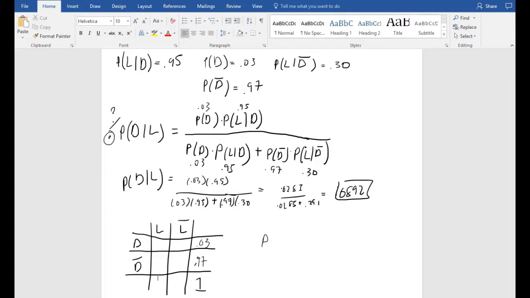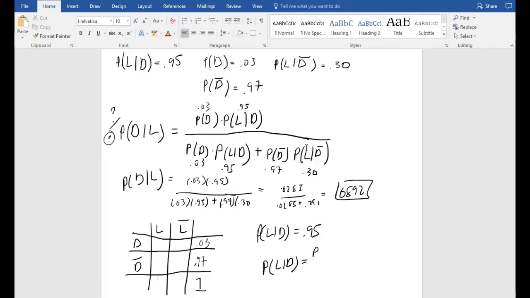So given the multiplication rule, or I generally like to use the conditional rule because that's, to me, the easiest to remember. So we would use what we have. The first thing that we have in conditional probability is probability of L given D, and that's 0.95. So we plug that into our conditional probability formula.